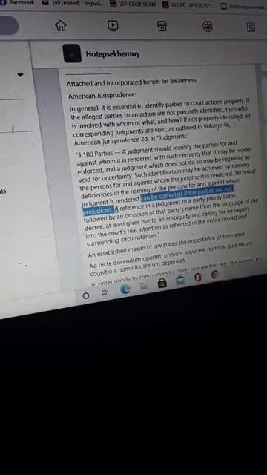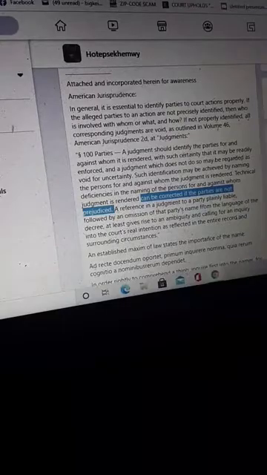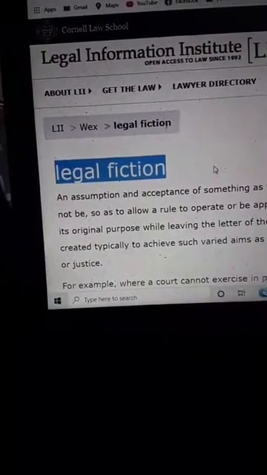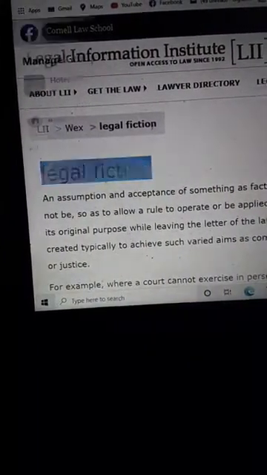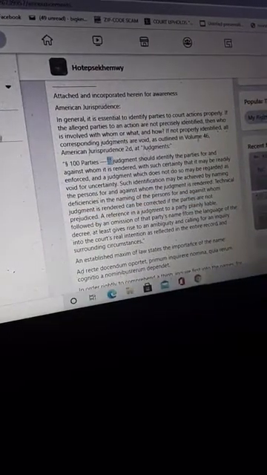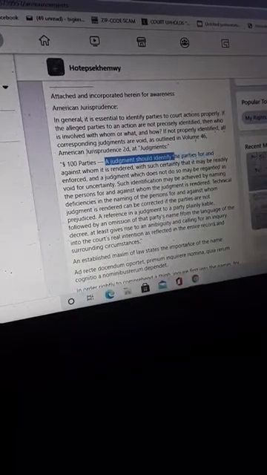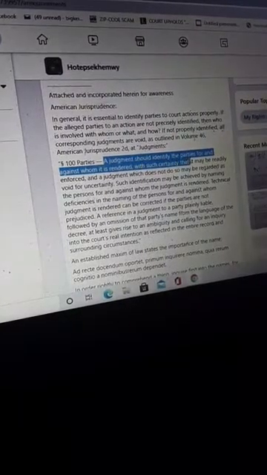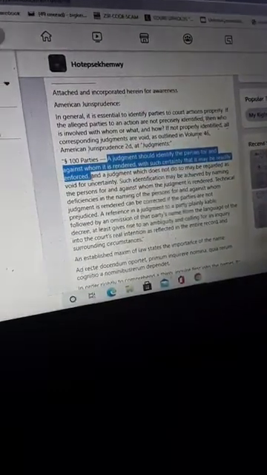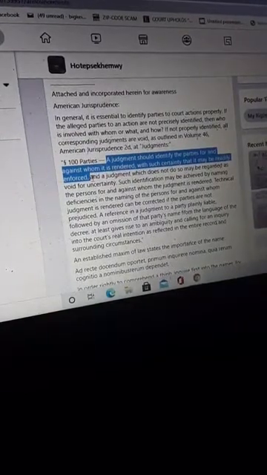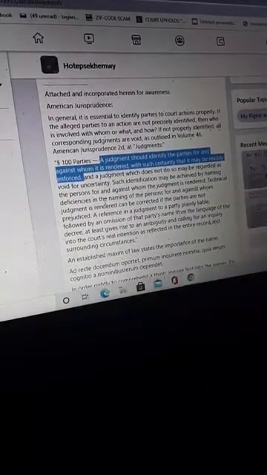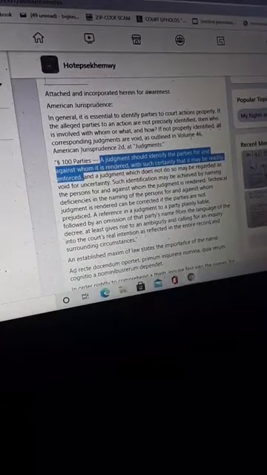By bringing any claim against a live man by use of a legal fiction, it is already prejudiced, in, on, and for the face of the record, because, like I said, a judgment should identify the parties for and against whom it is rendered with such certainty that it may be readily enforced. So, when they refuse to accept the identity of Joyce A. Schmidt, we have to clarify in our documentation exactly who Joyce A. Schmidt is. And that's what we did earlier, as I expressed.